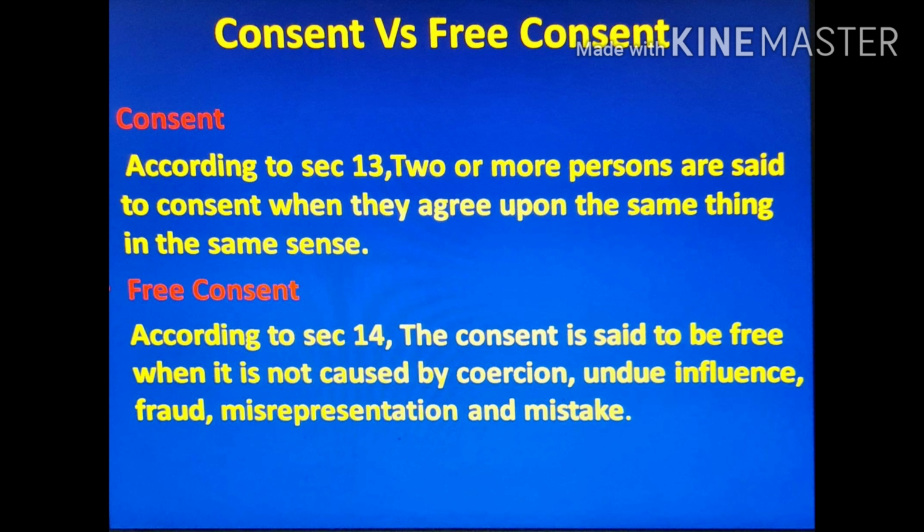Now you got the point clear that consent is different from free consent. Free consent is one which is free from the defects like coercion, undue influence, fraud, misrepresentation, and mistake. Now let us connect ourselves to the flaws of consent in detail.